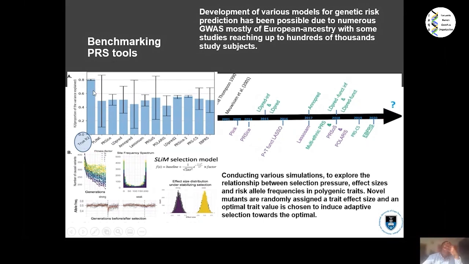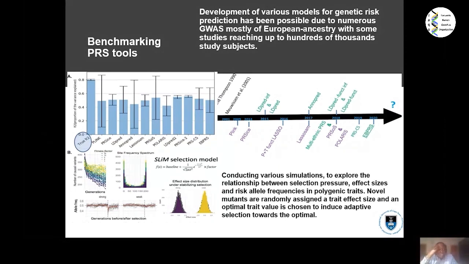So we were thinking maybe there is some genetic characteristic that is missing in these tools, and we tried to evaluate the impact of selection on effect size and also on allele frequencies, and to see if capturing the impact of selection on effect size and allele frequency can increase the predictive power. This is what we got over here in plot B.